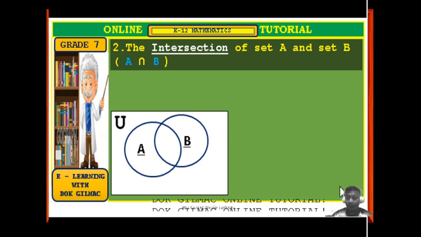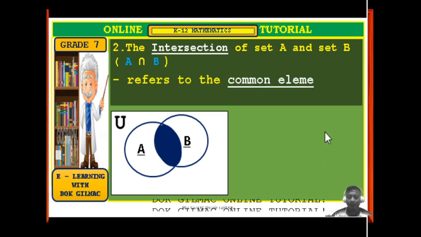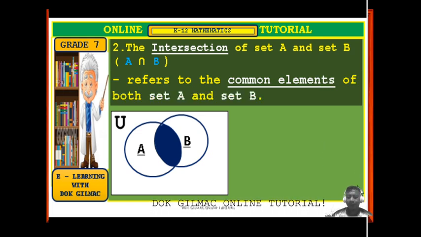As you can see here, this shaded portion here are the elements of the intersection of set A and B. So from here, we have the definition: the intersection refers to the common elements of both set A and set B. So take note of that.